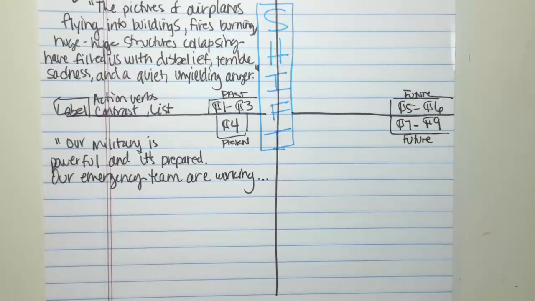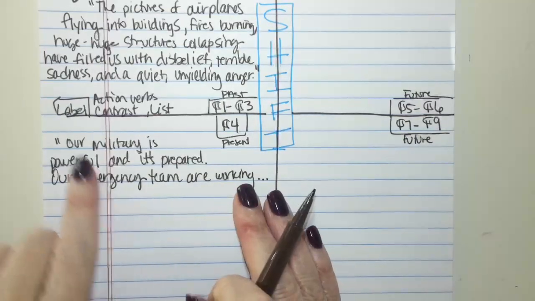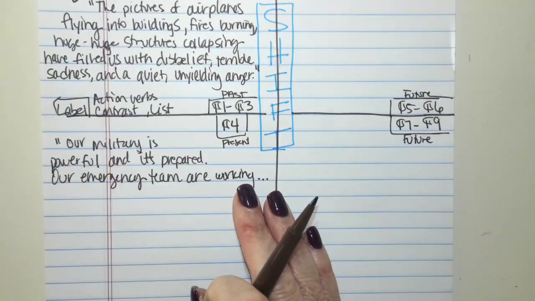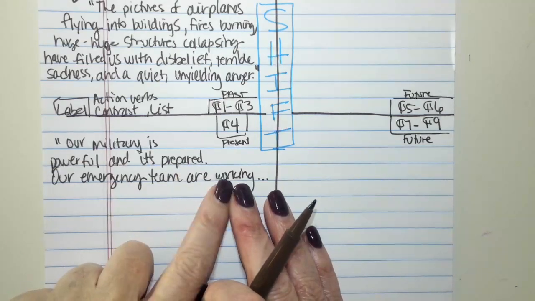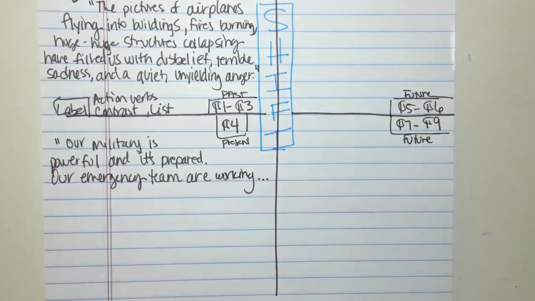Because when you use ellipses, you're saying that the words in there aren't valuable. But here, I want to focus on the collective nouns, our military, our emergency team, and what they're doing. Also, when you use ellipses, everything within the quotes that you're taking all has to grammatically fit together.